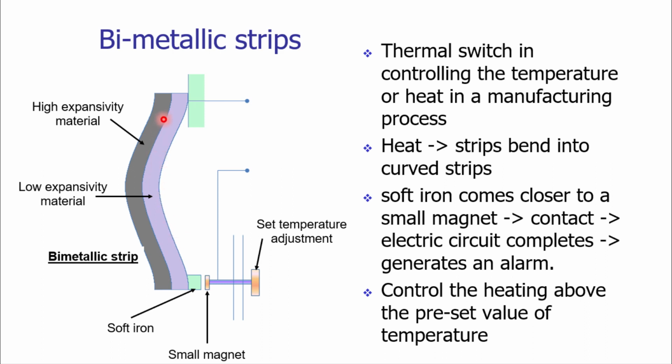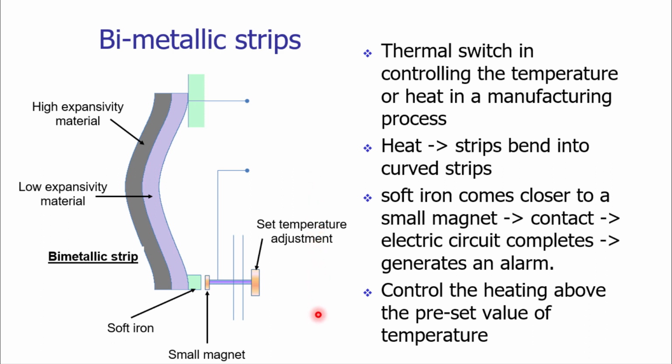Due to this, the entire composite layer will be converted into a curved shape, and as the shape changes, the soft iron will come closer to the small magnet. As the soft iron comes closer to the small magnet, there would be a contact, and as there is a contact between the soft iron and the small magnet, the electric circuit will be completed. When the electric circuit is completed, it will generate an alarm, or it will generate a signal.